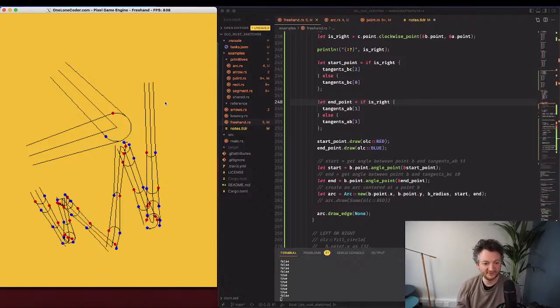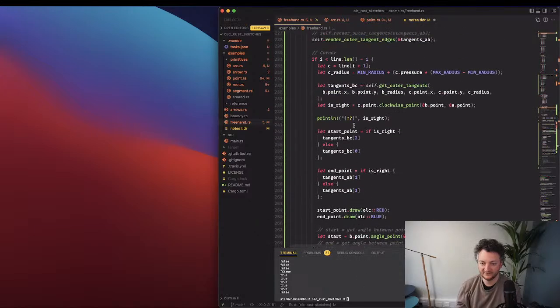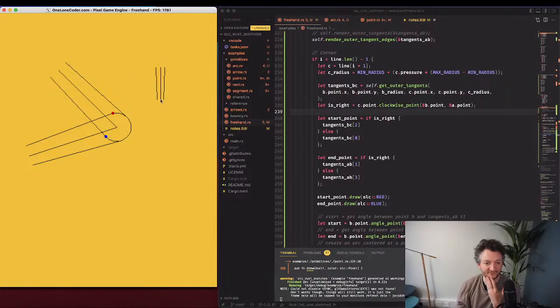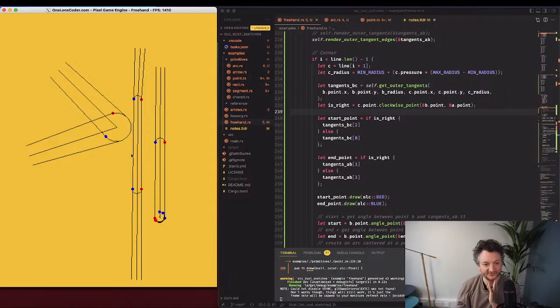But we're getting a lot of arcs where we wouldn't expect them to. Let's see. Maybe we'll add a couple more points. Like why draw an arc when it's a straight line?